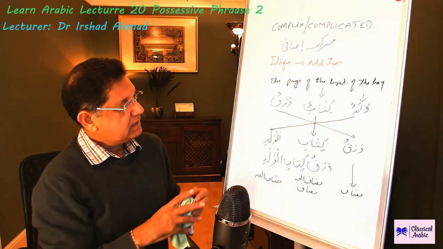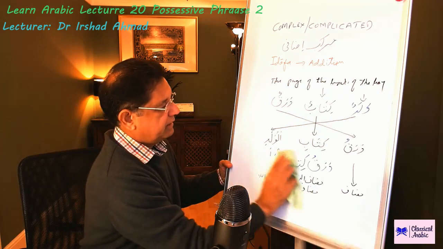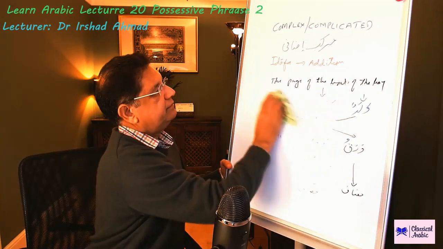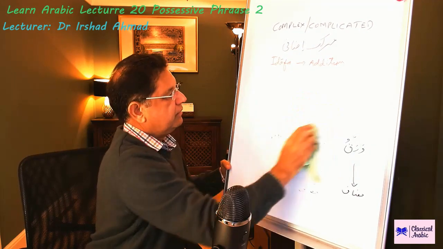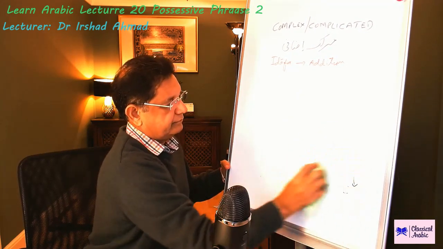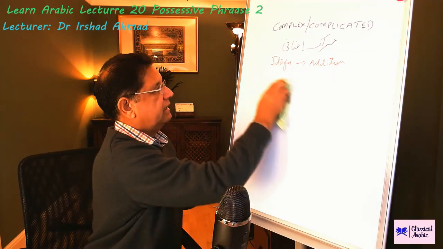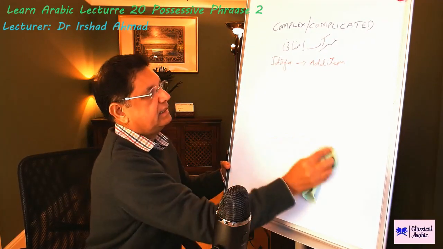Now let us make this sentence even a bit longer. We can say the color of the page of the book of the boy. That's literally what we are saying in Arabic, not necessarily in English.